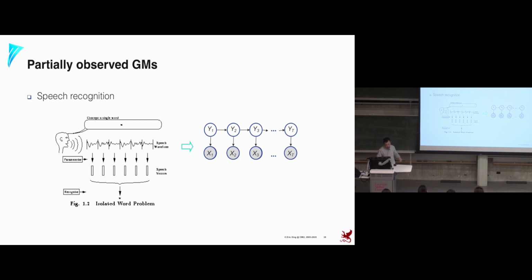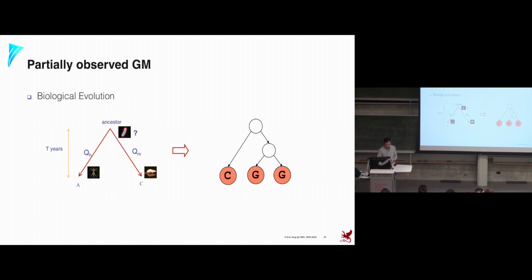Here we see examples already. In speech, we use HMM, and we use the hidden variable Y's to model the semantics. Okay, and what you hear are just physical sound waves. In biology, you only see the present day species, and everything that is in the history should be modeled as hidden variables.